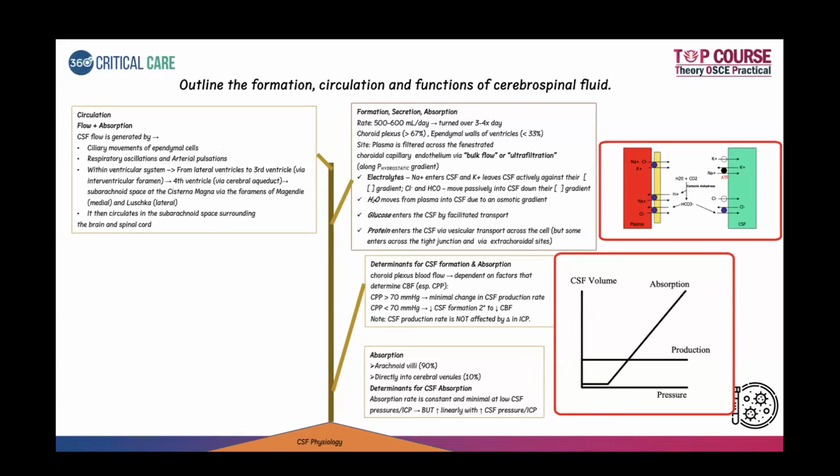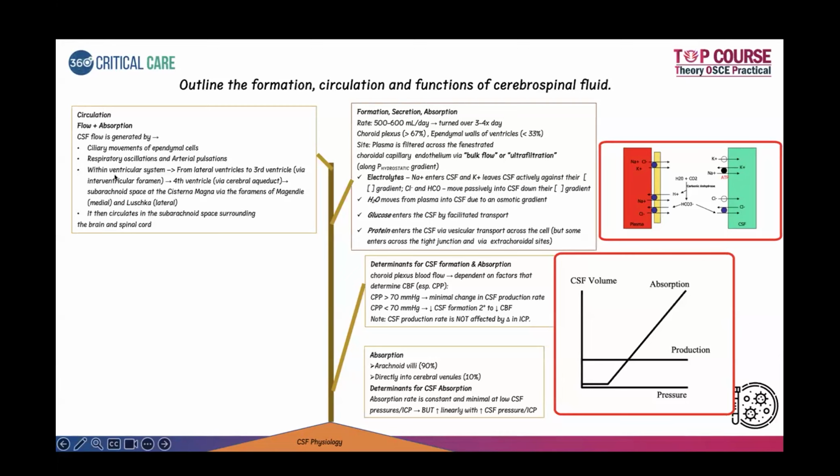So there is an impulse that is generated from the artery into the brain parenchyma and also into the CSF space like the ventricles, where the pressure corresponds to the changes in the blood pressure. Thereby the same dynamics happens. So the CSF is also propelled around the system by the changes in the pressure. Respiratory oscillation also varies our pressure and our CVP, which can indirectly affect the blood supply to the brain.